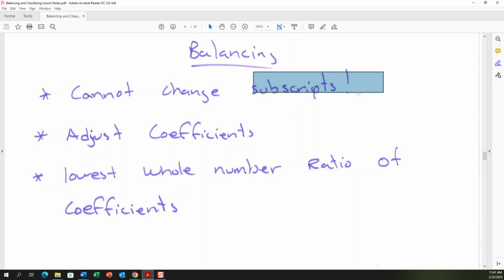So sodium chloride is NaCl. You can't change the subscript. You can't call it Na2Cl. You can't call it NaCl2. Sodium chloride is NaCl. Water is H2O. If you have water in the equation as H2O, you can't all of a sudden change it to H2O2, and change the subscripts, because that changes the substance, right?